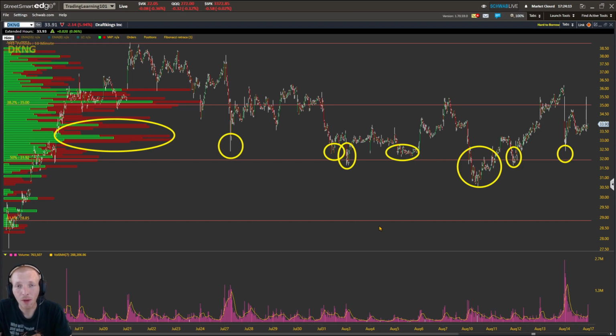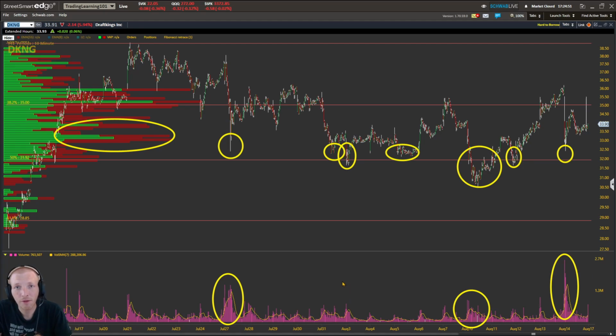And not only am I looking at volume at price, I'm using it in conjunction with the candlesticks and the underlying volume down here below. All the volume spikes, the volume patterns. Is volume retracing or is volume expanding as it pushes higher or lower?